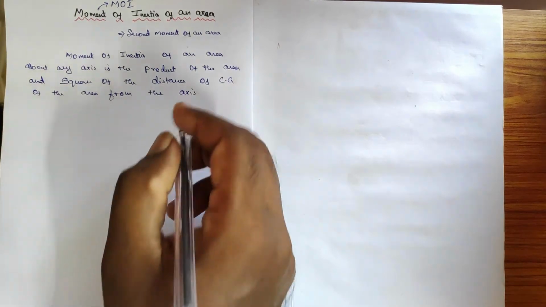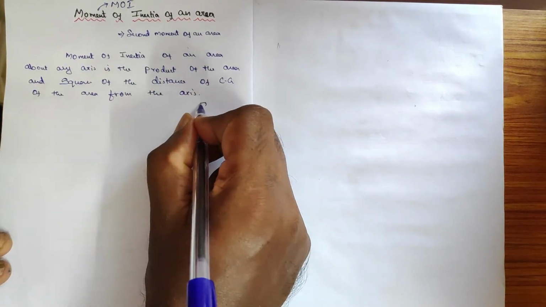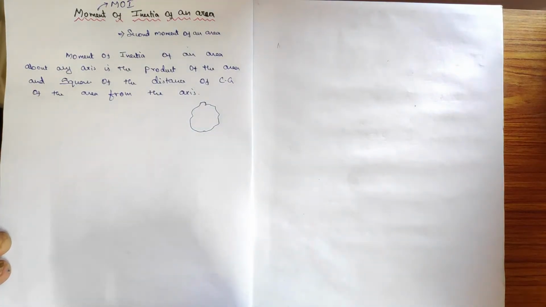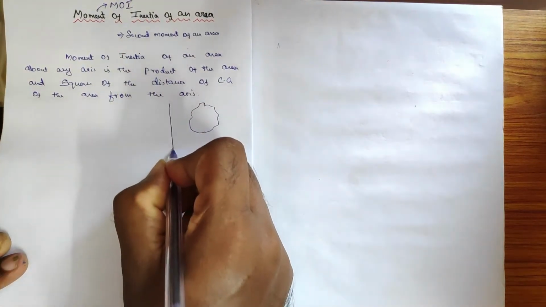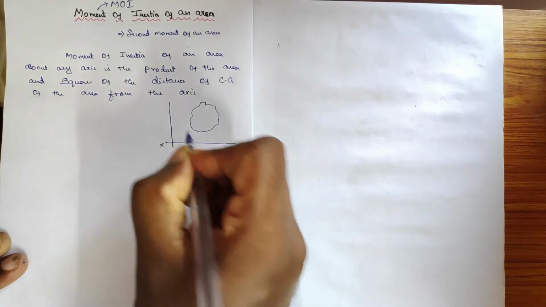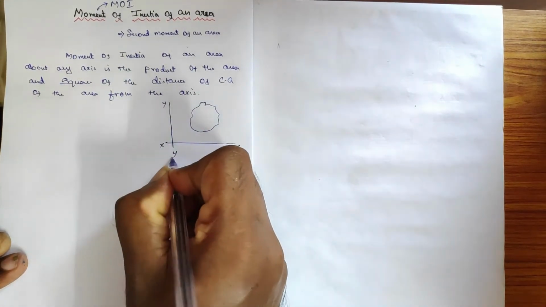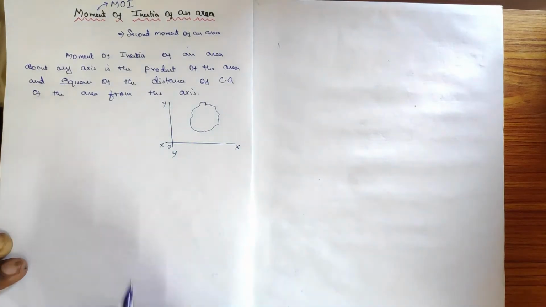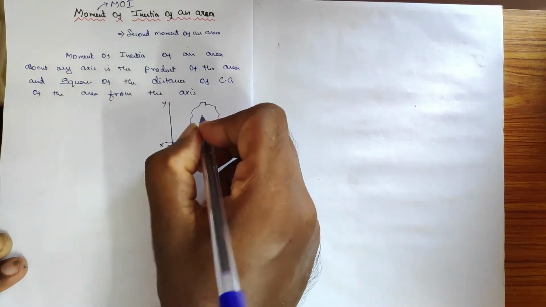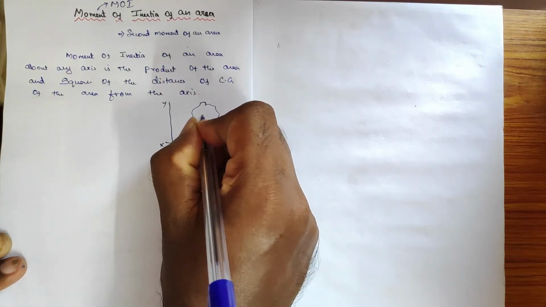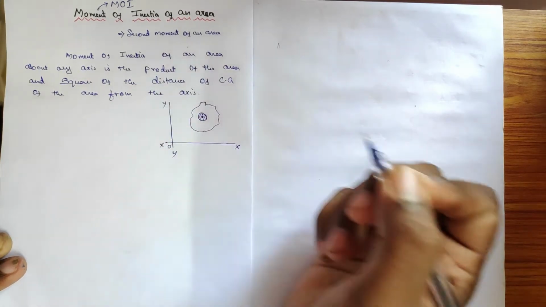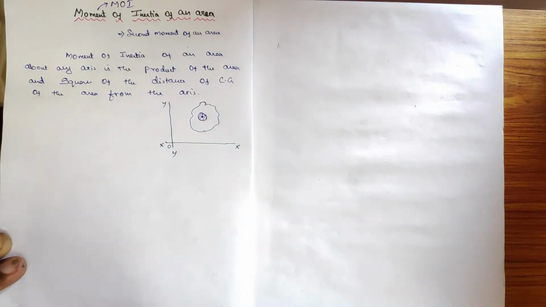Okay, so for example, I am just going to consider an object. Okay, this is an object. So I'm going to draw the axis. This is the x axis and this is the y axis. If I consider this as OX and OY, in this axis I am going to take the moment of inertia for only a particular spot.